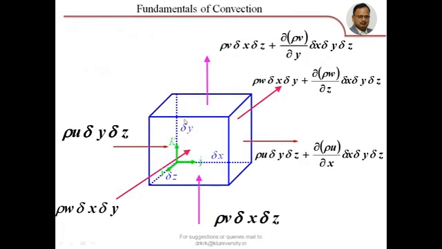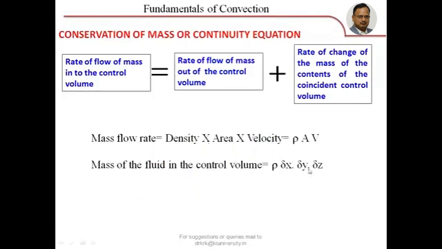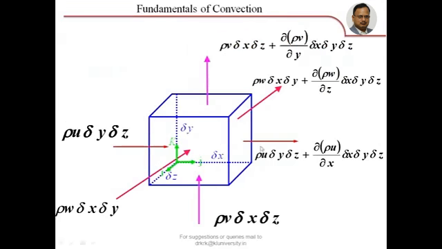Let us consider a control volume delta X, delta Y, and delta Z. So the total volume of this element is del X into del Y into del Z. The volume into density, you will get the mass. This is a simple equation.